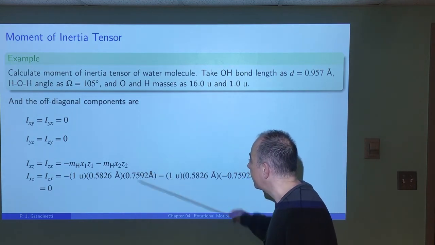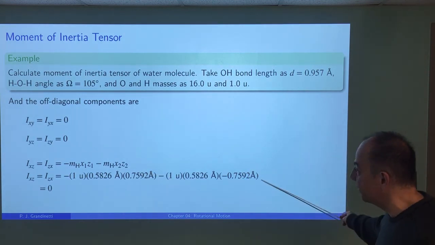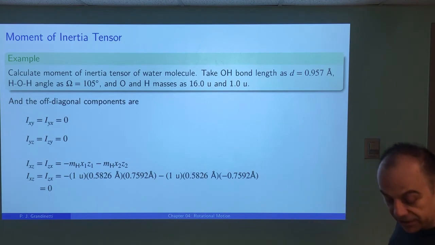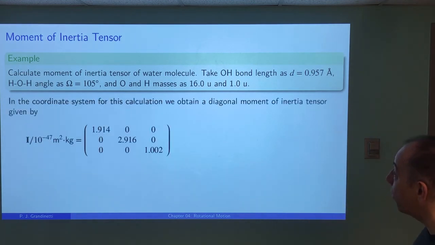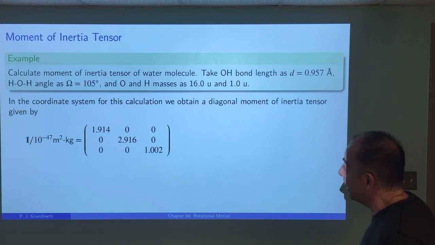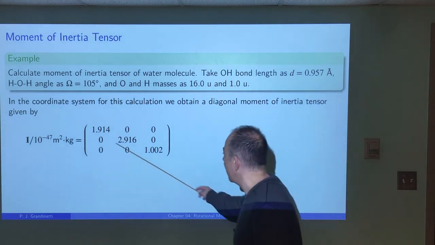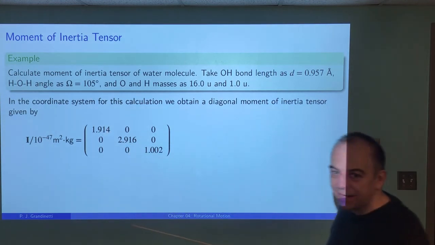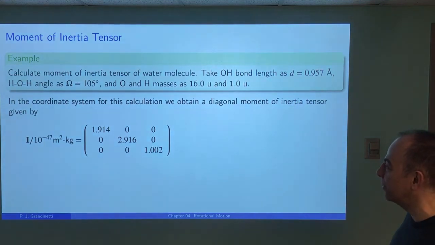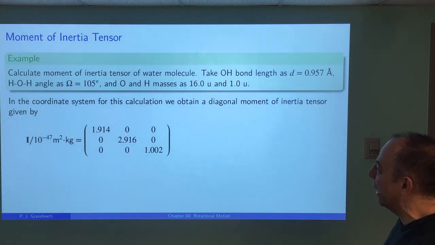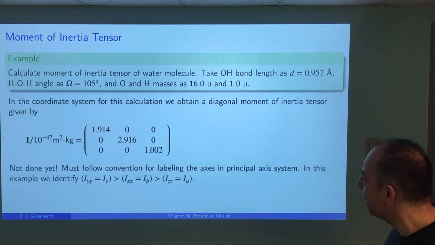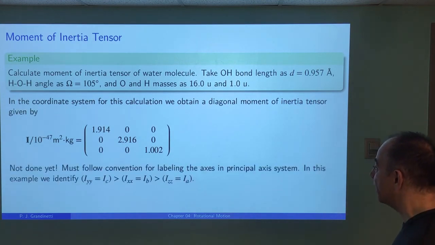And for the xz component, you put in the numbers and it actually evaluates to 0 too. So we've done our calculation in such a way that we are already diagonal. We picked the orientation of the water molecule fortuitously in a way that the moment of inertia tensor is already diagonal.